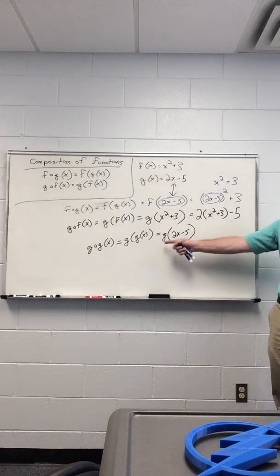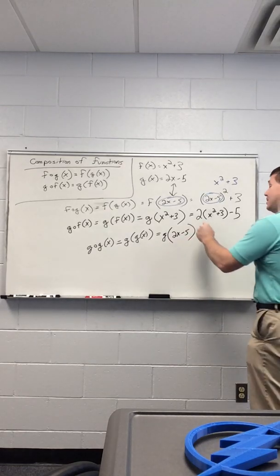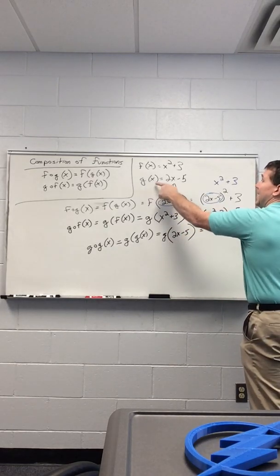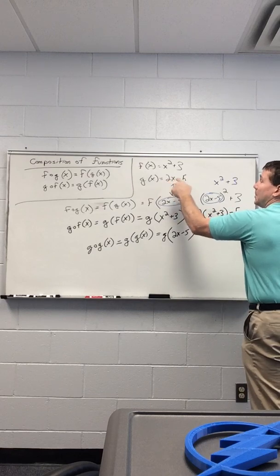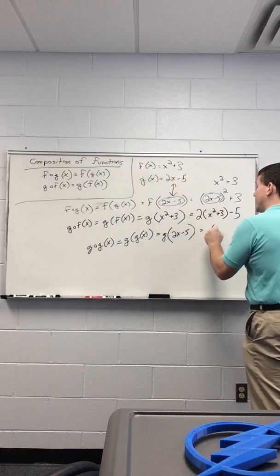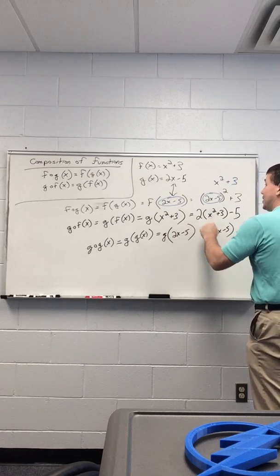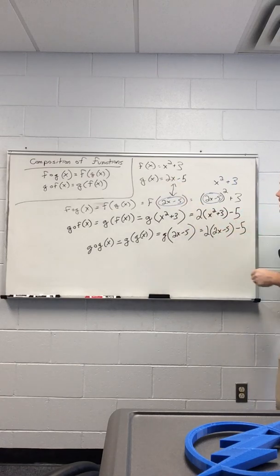Now apply g to that. What does g do? It takes whatever you plug in, multiplies it by 2, and subtracts 5. So that's what I'm plugging in. I multiply it by 2, and then I subtract 5. And again, you should see the similarities here.